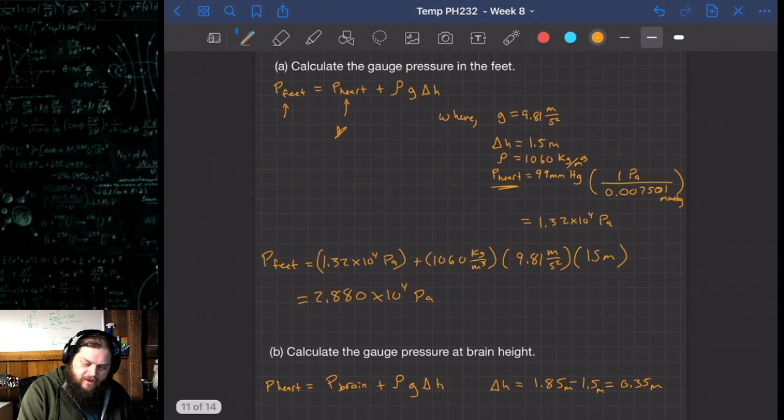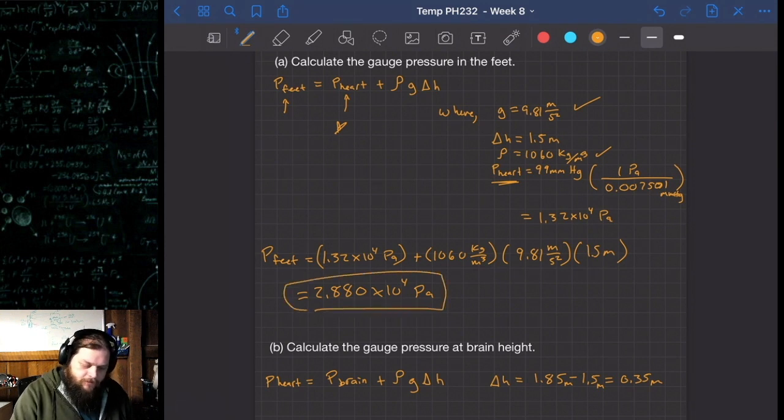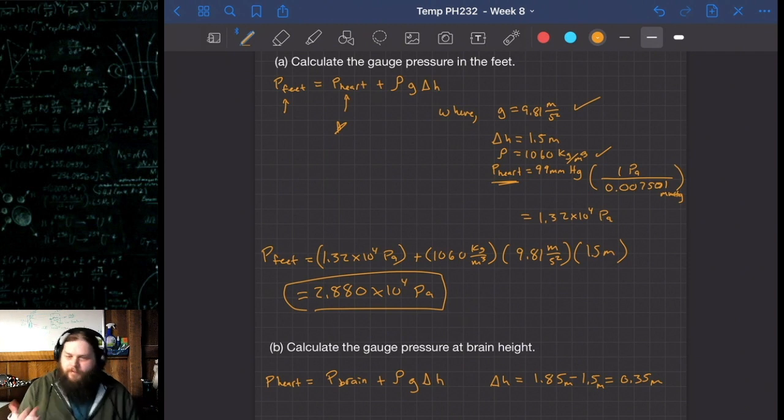The density is the same, the gravity is the same, and the pressure of the heart will be the same. In fact, we just solved for that here. But we want to solve for the pressure of the brain.